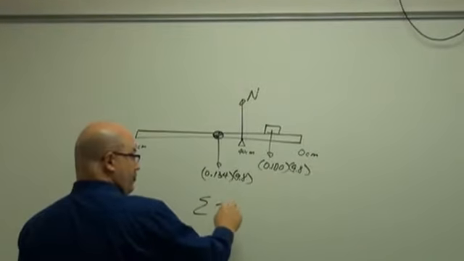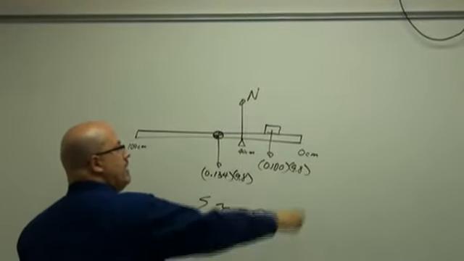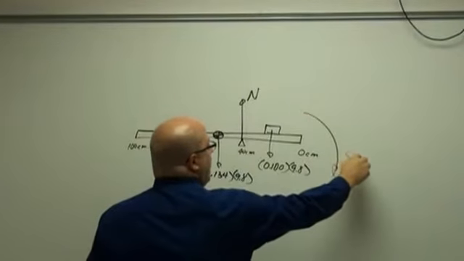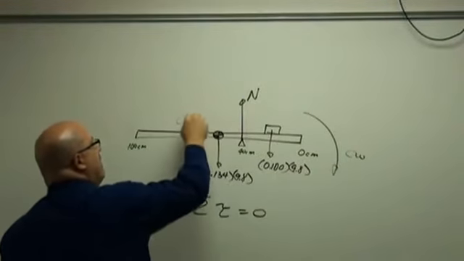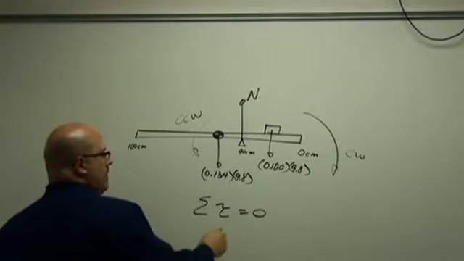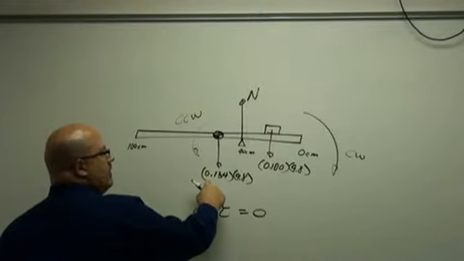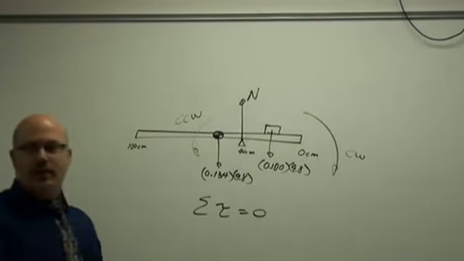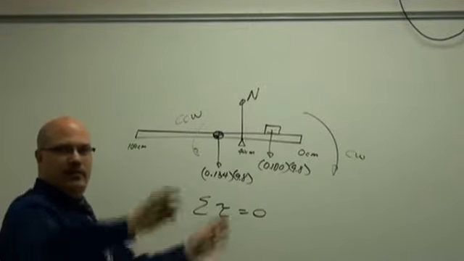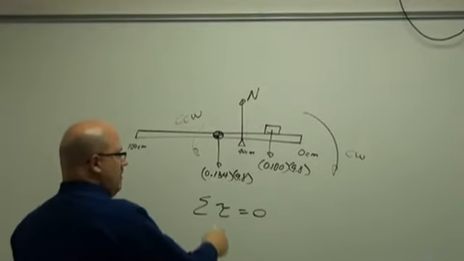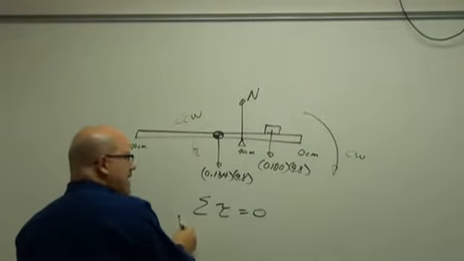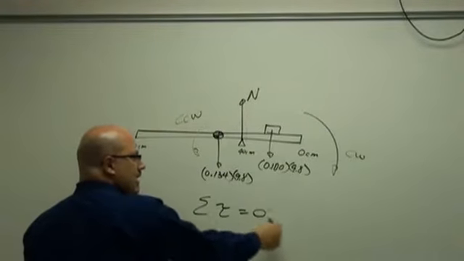Equation. The sum of the torques equals 0, right? I got a clockwise torque here. I got a counterclockwise torque here. They must equal. Hey, you know what? Am I going to have to worry about the 9.8? That's going to disappear, right? Because we're going to end up with a radius force and a radius force.